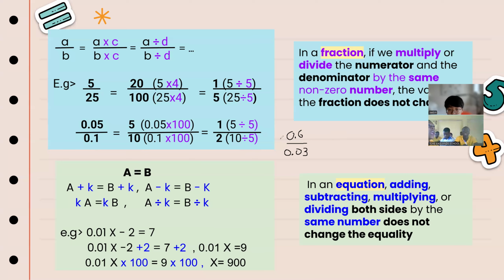So what would you do first? Yeah, so I want you to solve for this one, 0.6 over 0.03. Let me just solve it now.